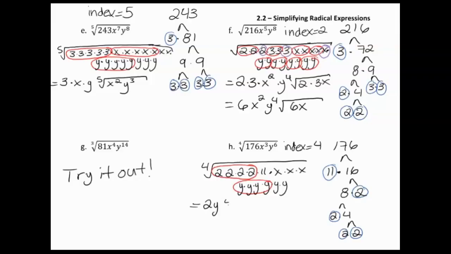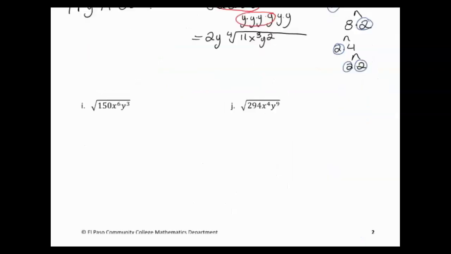And then we have the fourth root of, what do we have left inside? We have 11, and we have x times x times x, which is x cubed. And we have y times y, y squared. And that's our final answer. So for example I, you can go ahead and try this one out.